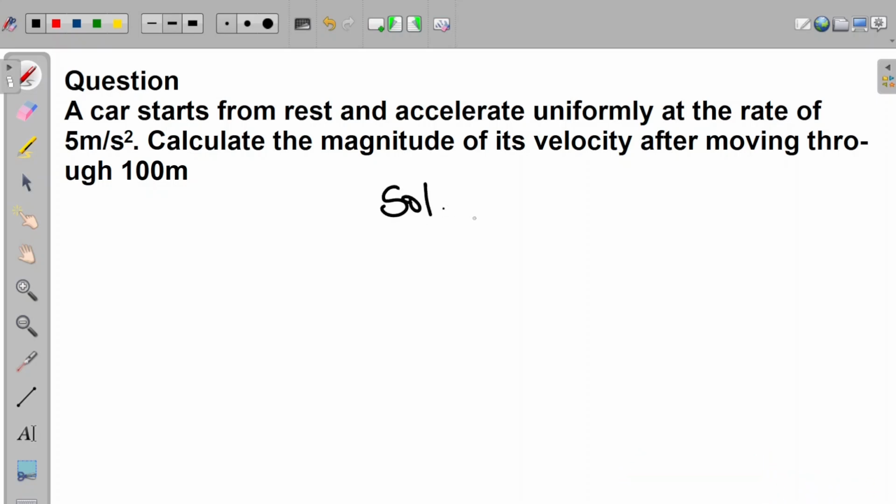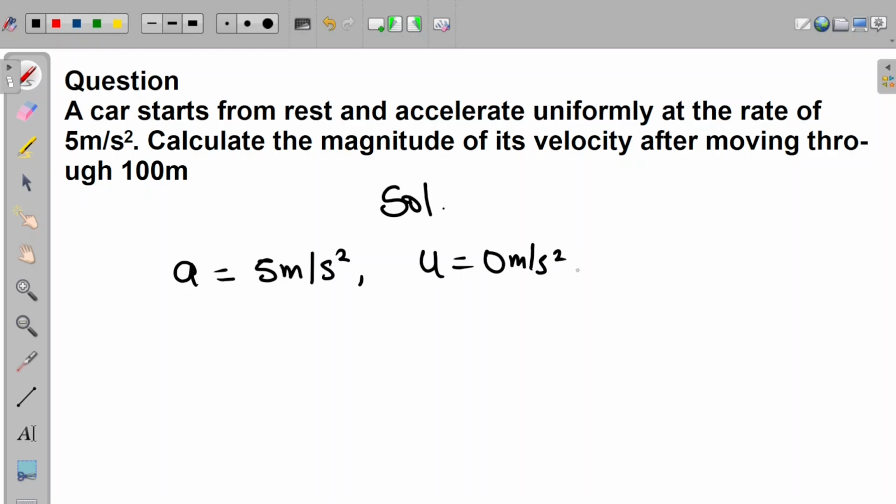So we are given that a car starts from rest and accelerates uniformly at the rate of 5 meters per second squared. We are asked to calculate the magnitude of its velocity after moving through 100 meters. So we are given that the value of acceleration a is equal to 5 meters per second squared, and the car starts from rest, so our initial velocity is equal to 0 meters per second.